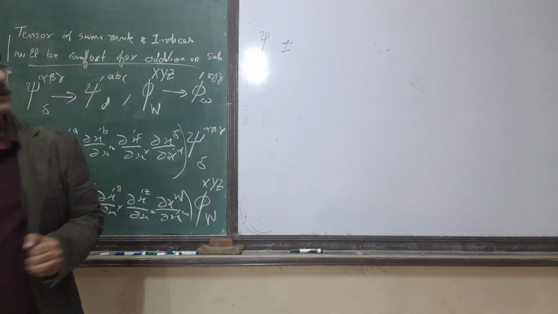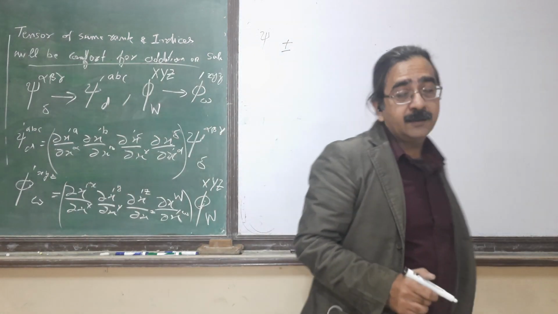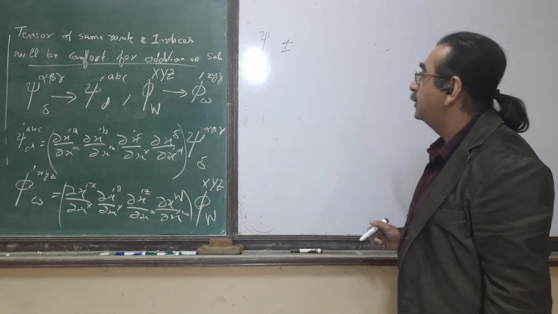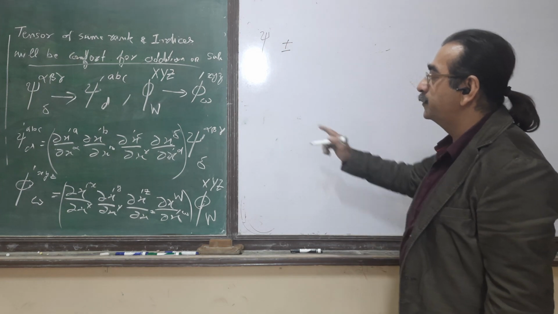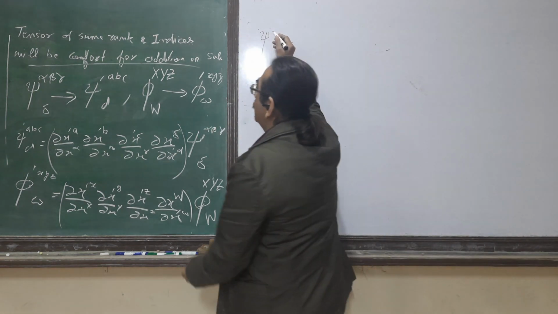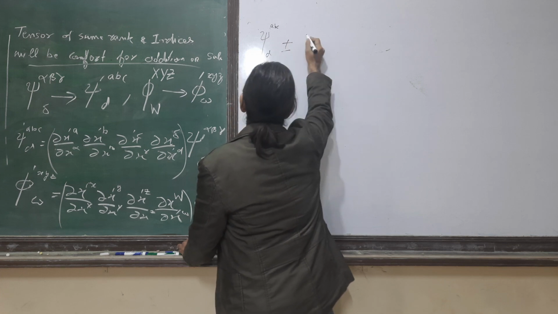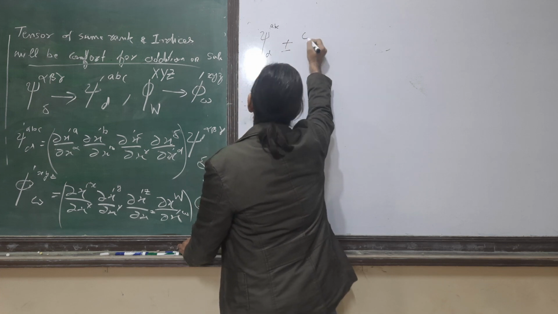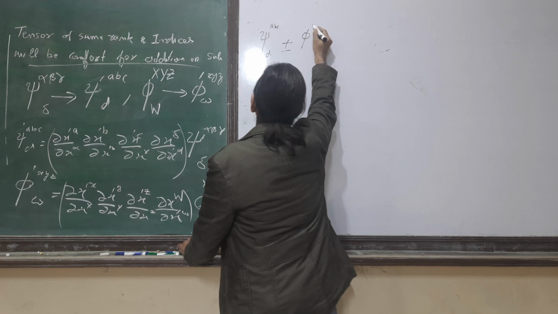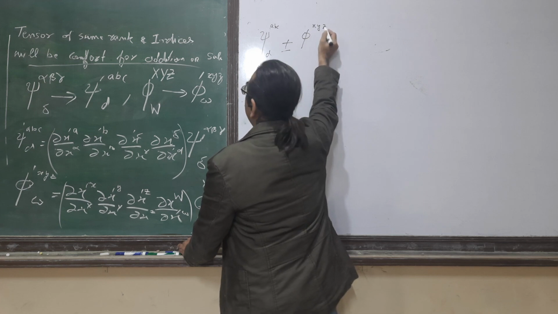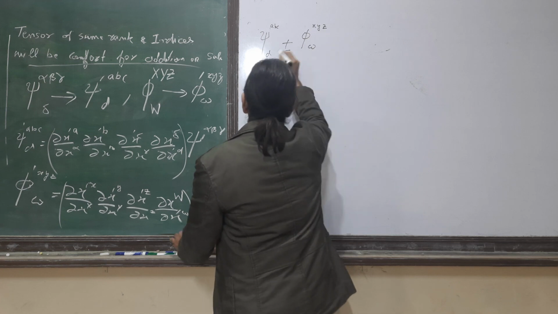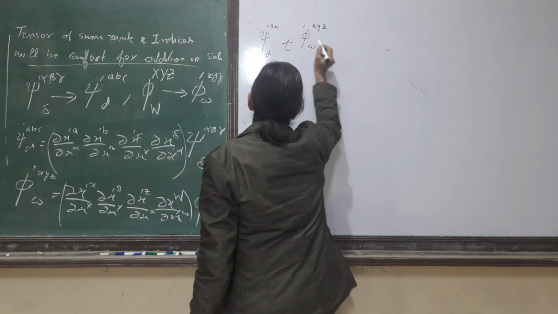Okay, so if we add, what are the results? These are A, B, C, D, and here is phi X, Y, Z, small omega, which are the resultant.